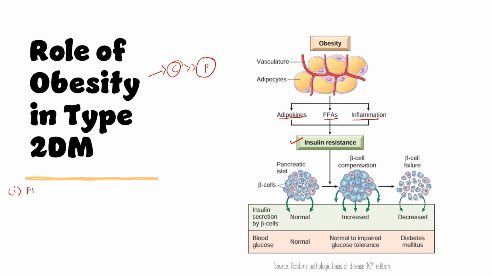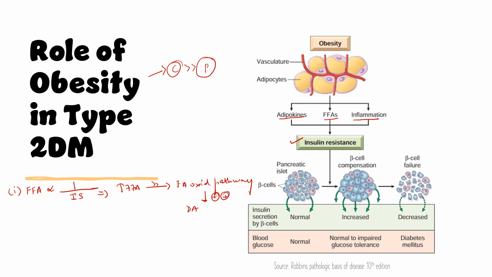Free fatty acids always have an inverse correlation with insulin sensitivity. What do I mean by inverse correlation? Let us try to understand. Whenever there is an increase of free fatty acid, they tend to overwhelm the fatty acid oxidation pathway. So whenever they overwhelm the fatty acid oxidation pathway, there is accumulation of three important products.